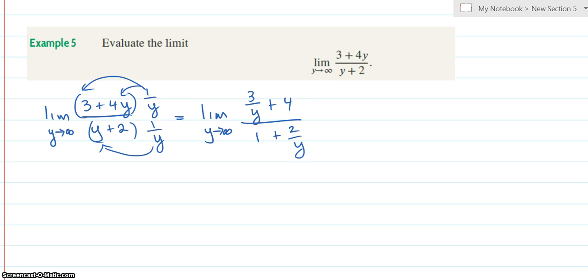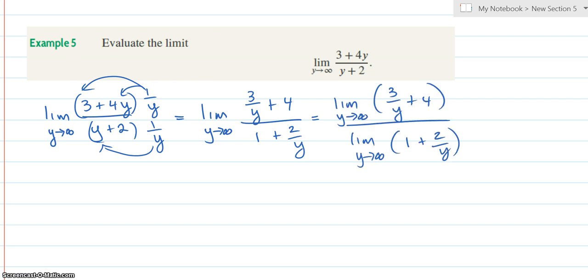But if you want to do it algebraically, you can see here that if I just use this idea of multiplying top and bottom by the largest power of y, and use our property of limits, because now we know this is the limit of the top over the limit of the bottom, we know from above that this is 0.